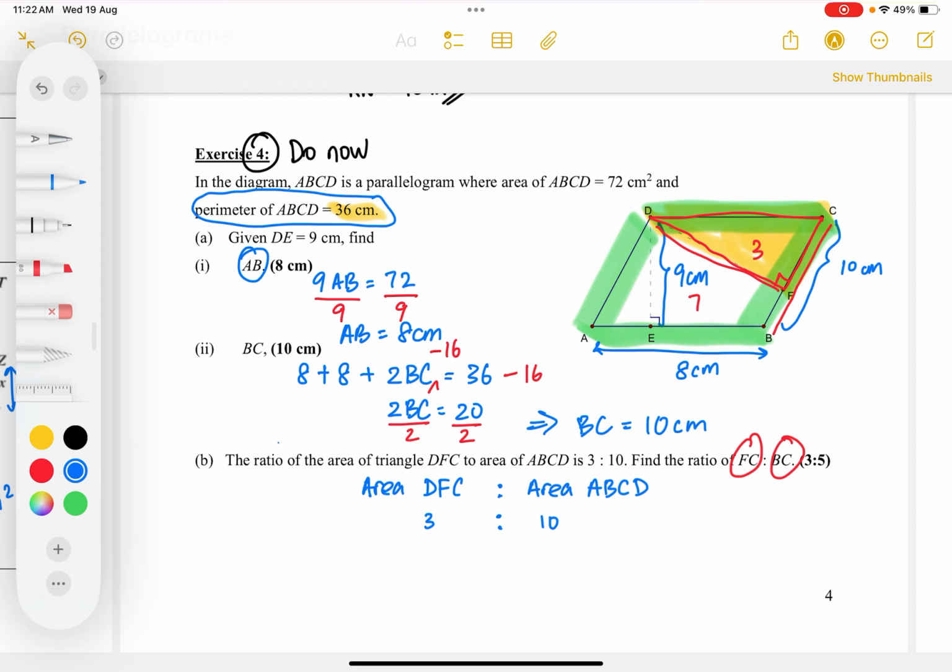From our formula, we know that area of DFC will be half times the base FC, times the height, which is DF. Okay, so let's just use DF since it is provided.